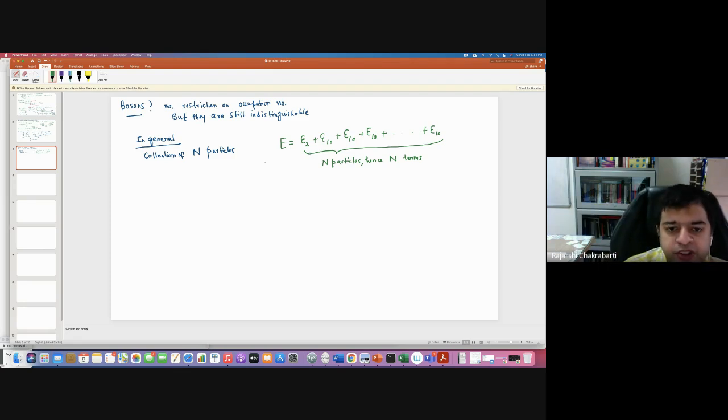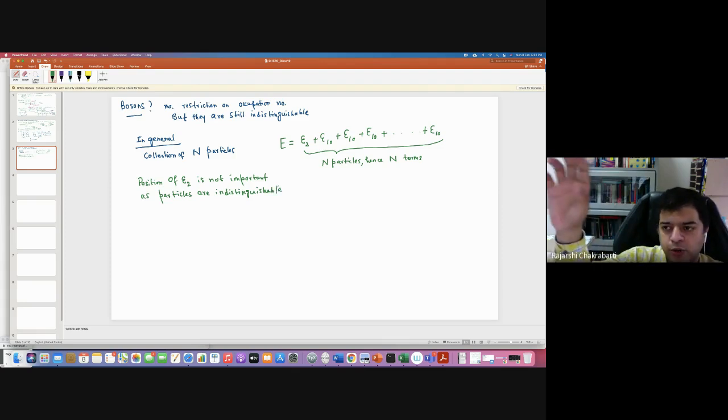But again, this position of epsilon 2 is not important, no? Where you place it is not important, because I cannot say which particle I put in, as particles are indistinguishable. So I do not know which particle I put in epsilon 2. I cannot color them, I cannot distinguish them.